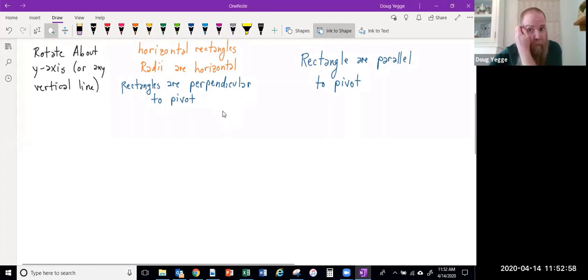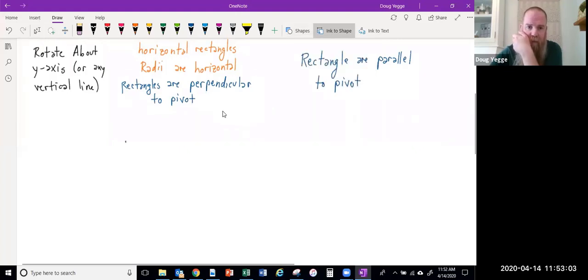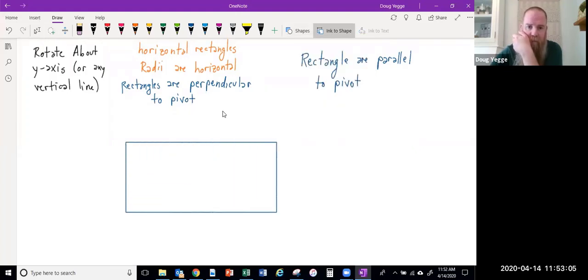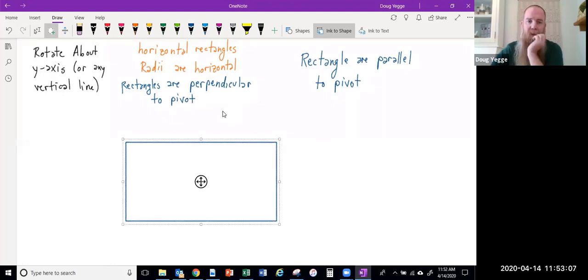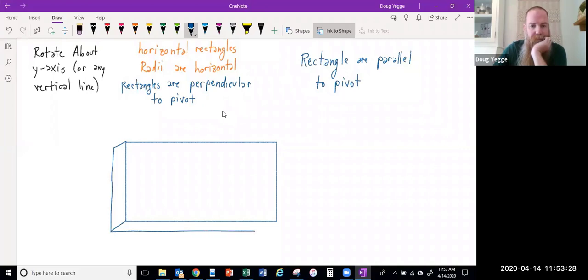Let's draw a rectangle. There's my paper towel roll, but it's not quite my paper towel roll because it has a width to it. So when I unravel it, this is really going to be my shell.